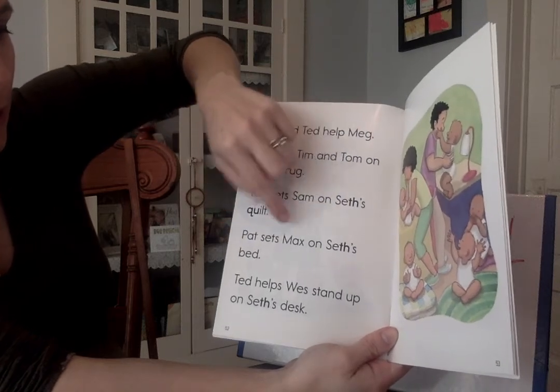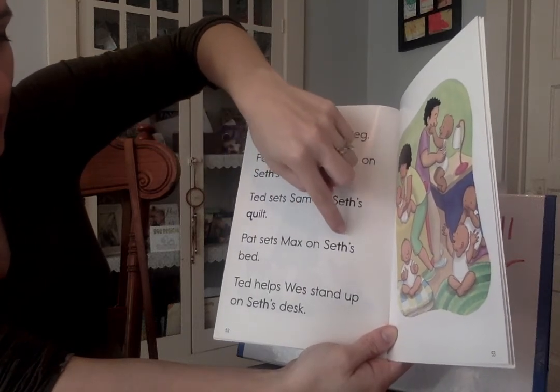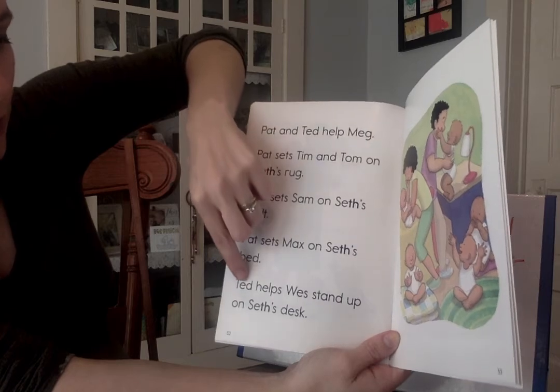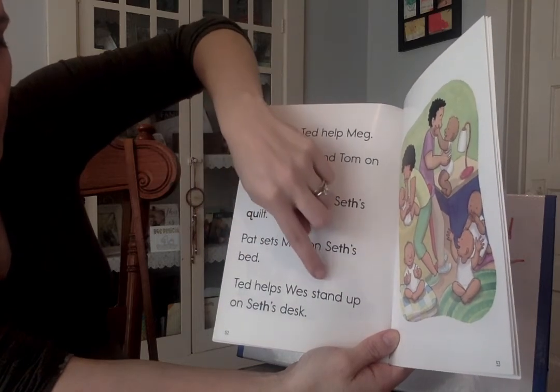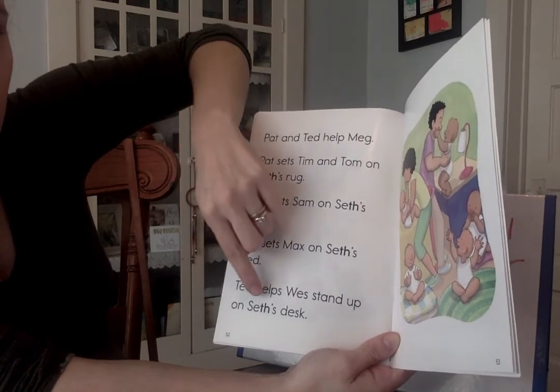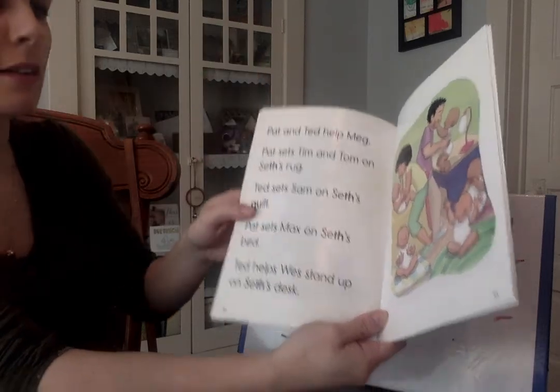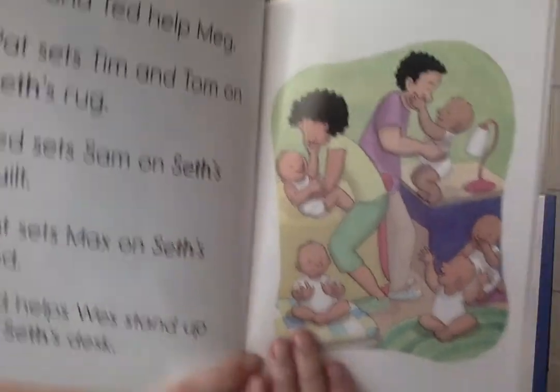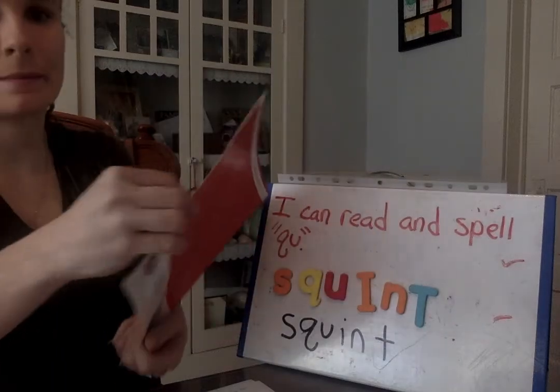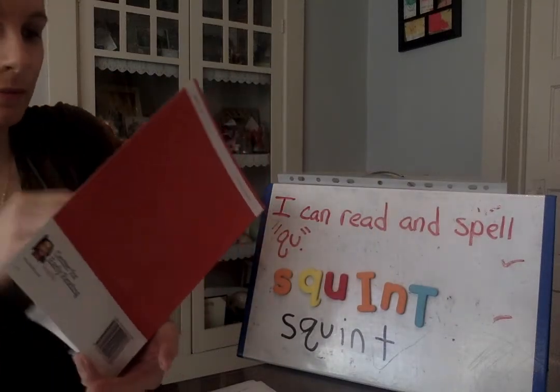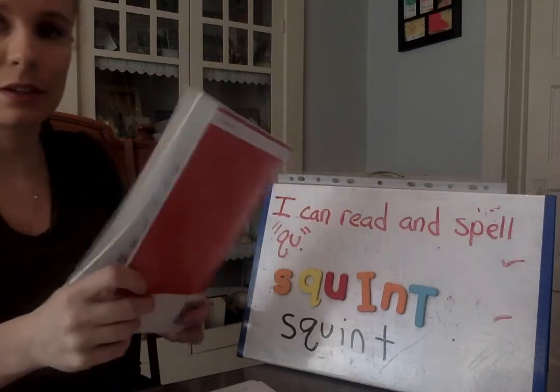Pat sets Max on Seth's bed. Ted helps Wes stand up on Seth's desk. And that was the last page.